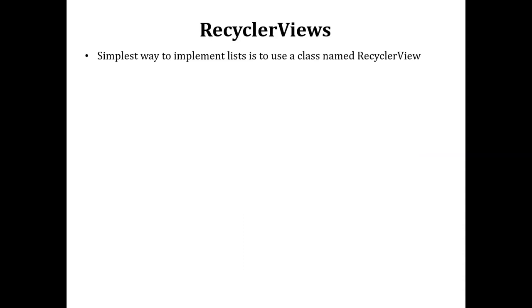The simplest way to implement these kinds of lists in any Android application is to use a class named recycler view. You can use this recycler view class to implement different types of lists.